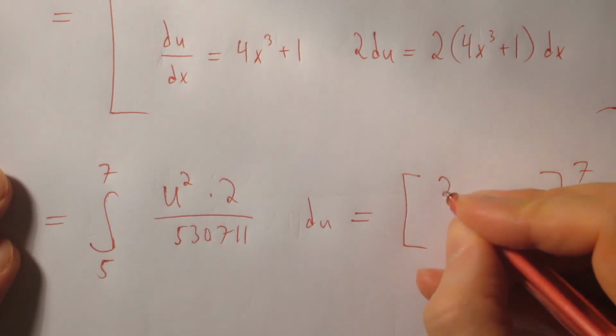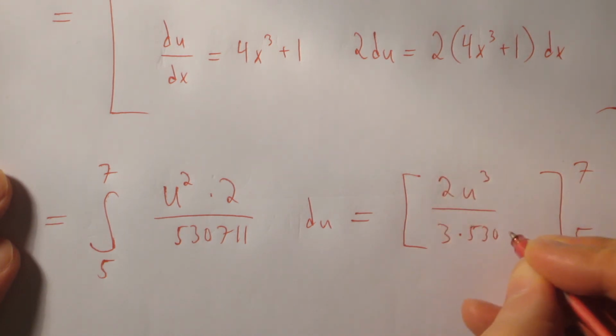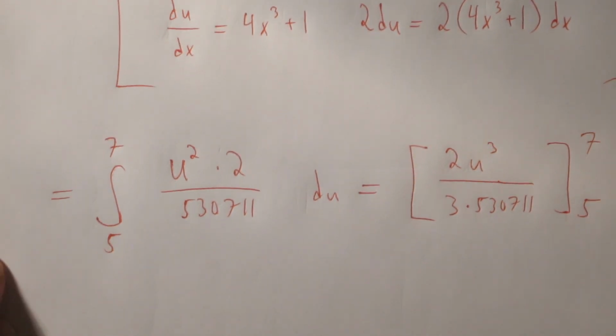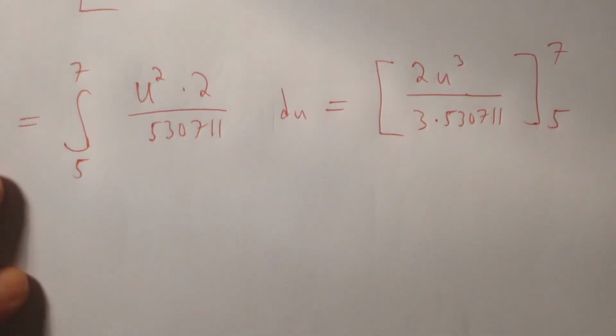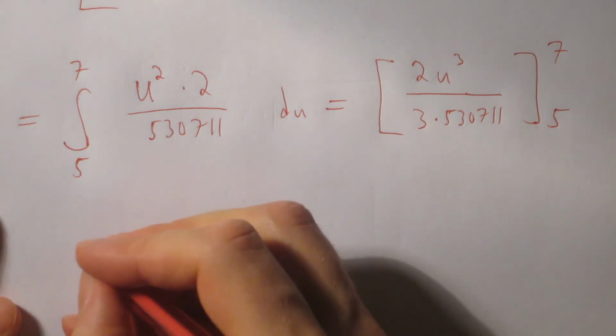And the whole point of making the substitution was that treating the integral is easier when you're in the u world. And now, since we have definite integrals, you don't have to go back to the x world as you do when you have indefinite integrals.